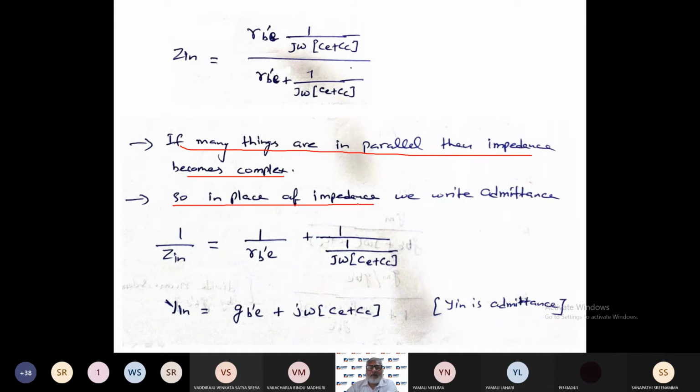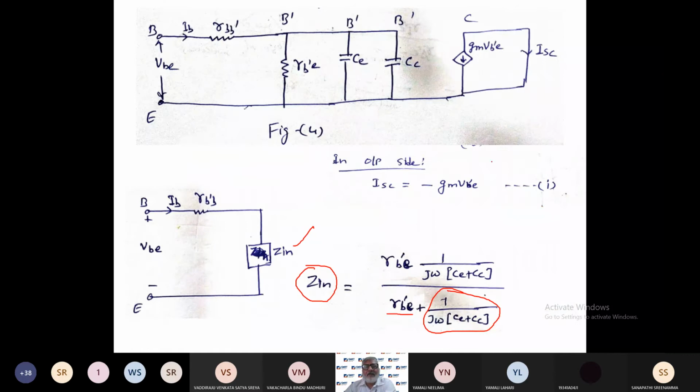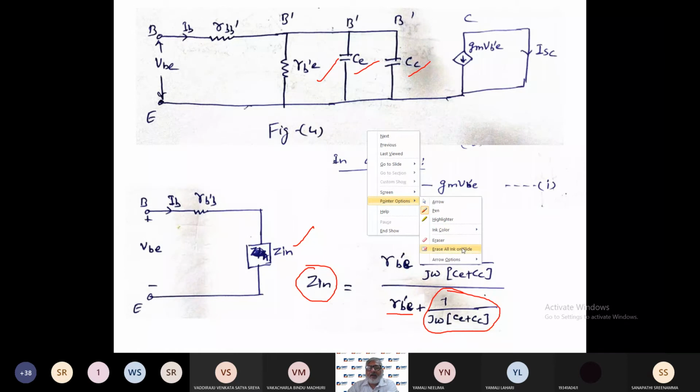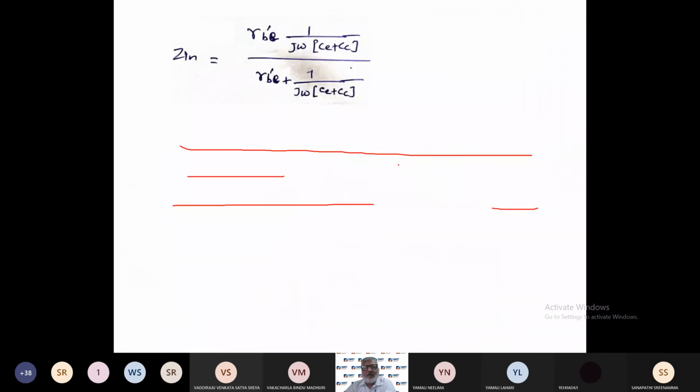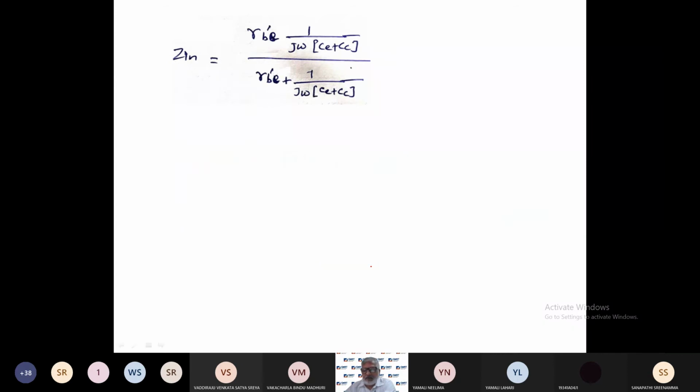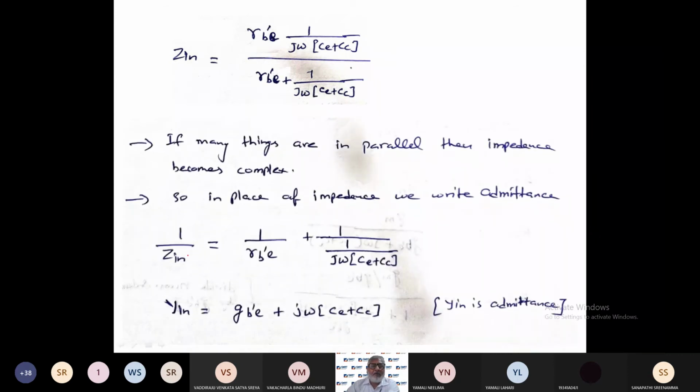So in place of impedance we write admittance. So here you can see, now many things are in parallel. These are all in parallel. So if many things are in parallel, then in place of impedance, it is better to use the admittance for the calculation. So the only thing I have done is this.